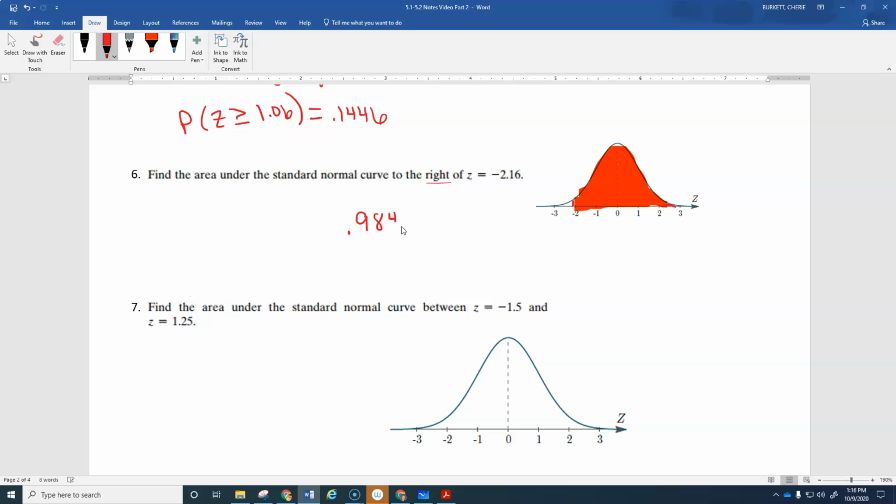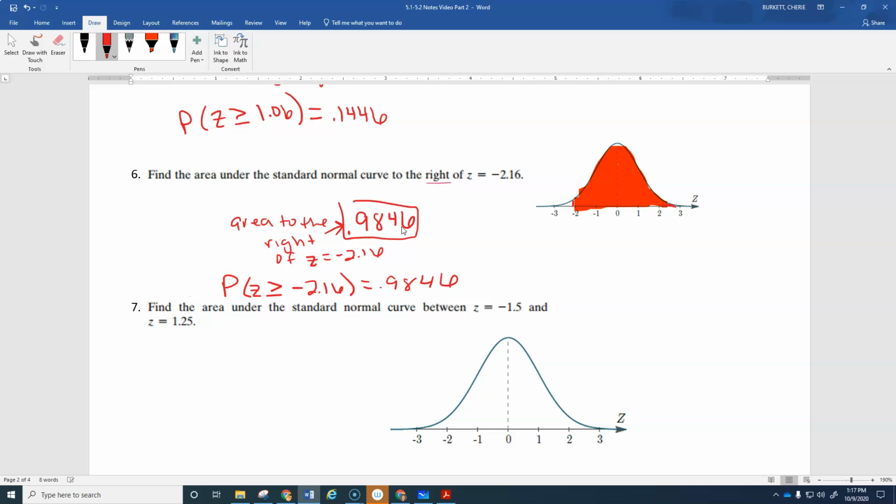This is the area to the right of z equals negative 2.16. And then you could say the probability that z is greater than or equal to negative 2.16 is 0.9846. Okay, so that's how that works.